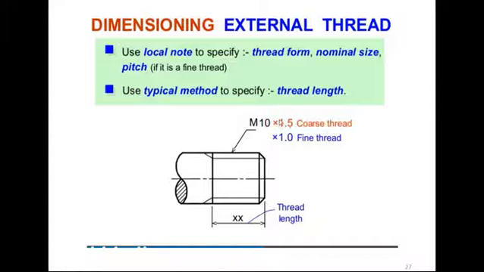So this is the representation method for showing threading. Keep in mind the thread length is required, whether it is M8 or M10, what type of thread we have created, and whether it is coarse or fine.